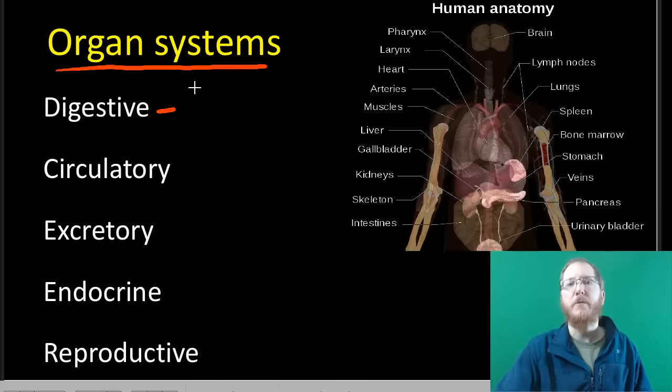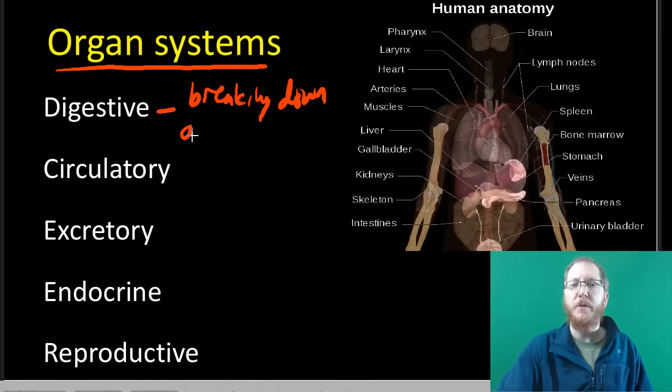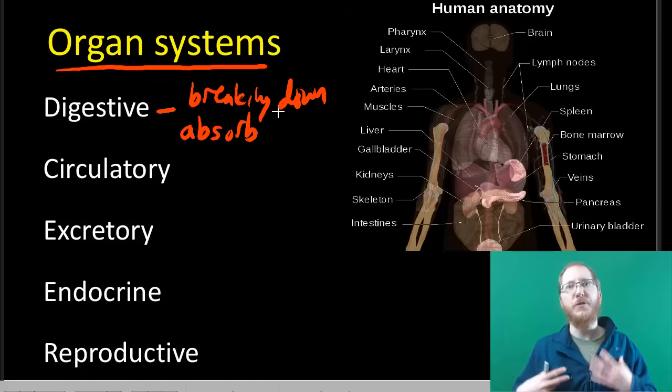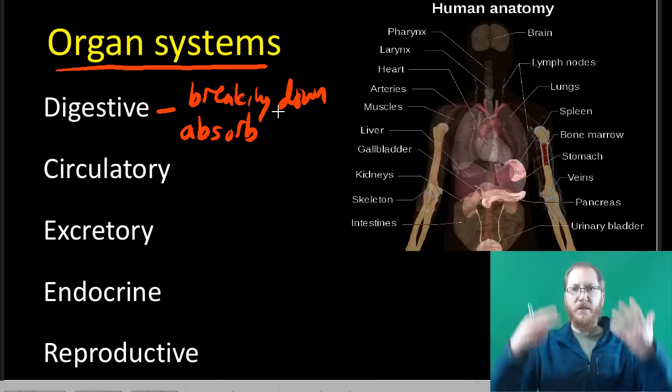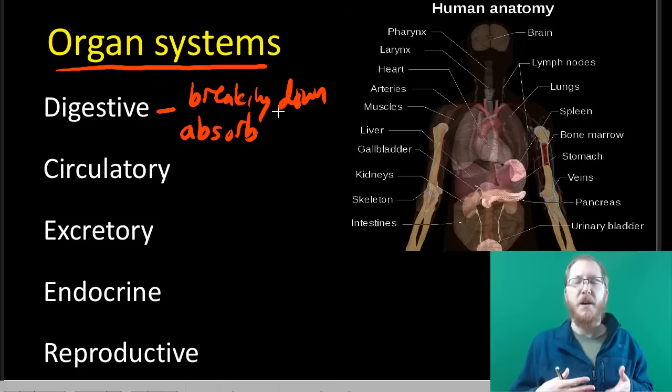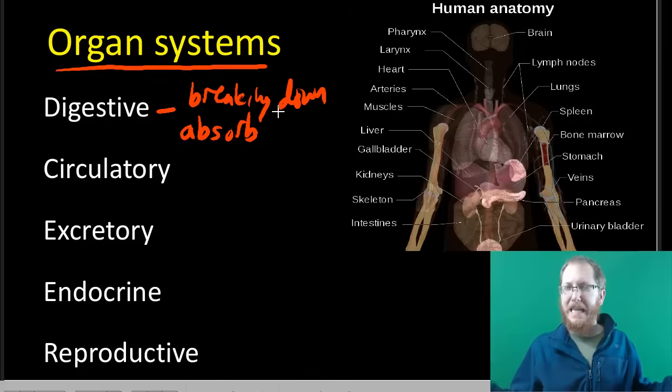Digestive system, which will be around two things. First of all, it's going to be digestion, or breaking down our food. So that's its first part, if you will, breaking down the food. But then also it has to absorb it, because we have to get that food into our blood so we can actually use it. Otherwise, the food just goes through our digestive system, out the other end, and we didn't really gain anything from it.